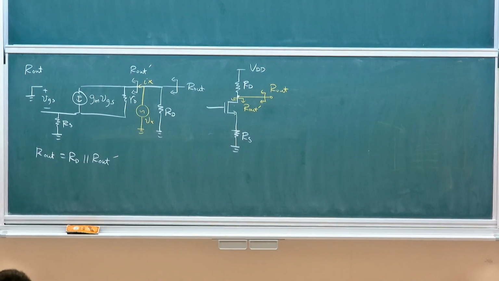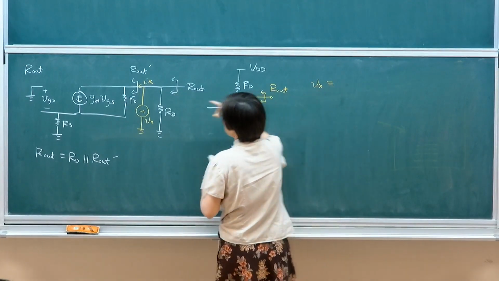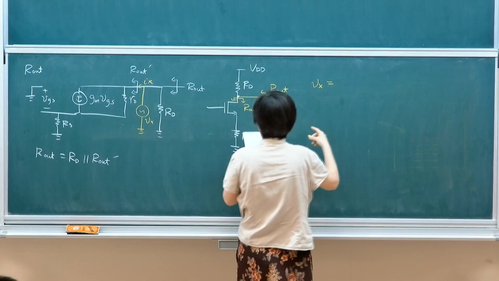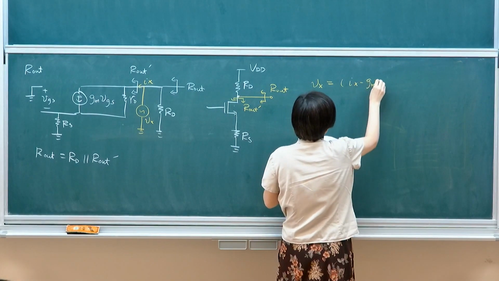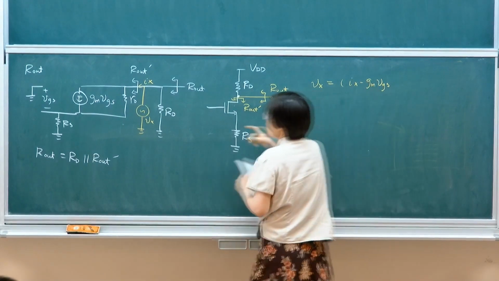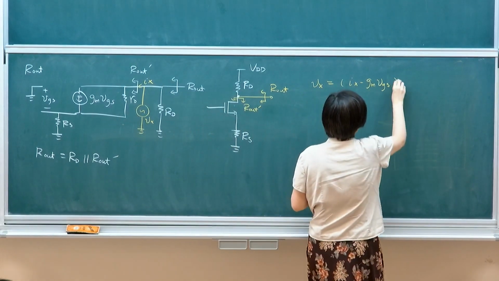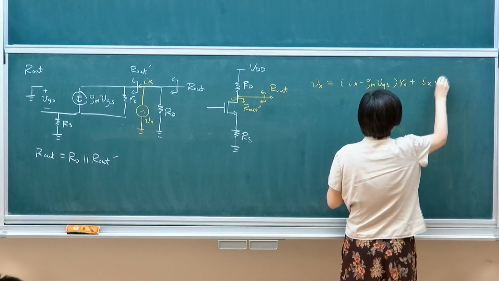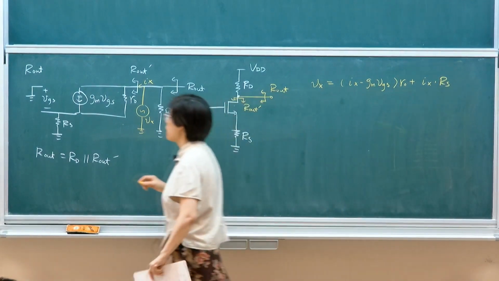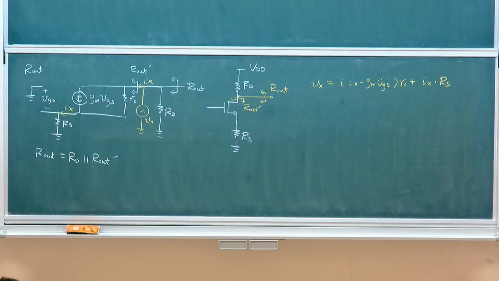Assuming that my Vx will be the voltage across RO, the voltage across RO will be (Ix minus GM VGS), the branch of current that's being left on RO, times RO, plus Ix times Rs. The reason why is Ix Rs is because this is the only branch of current coming down. It's the same branch of current.